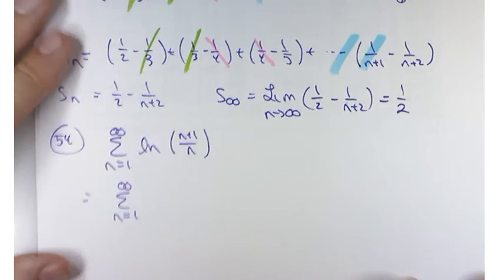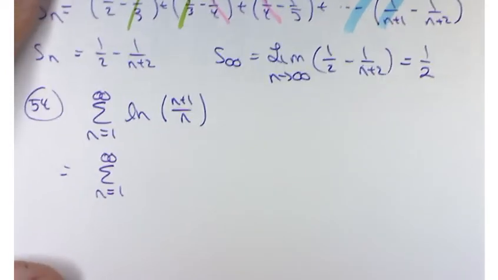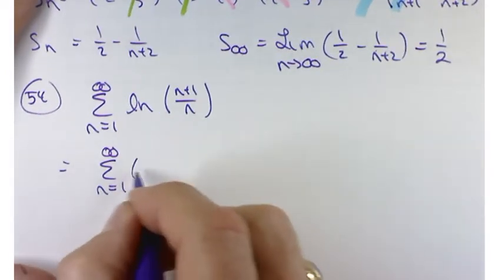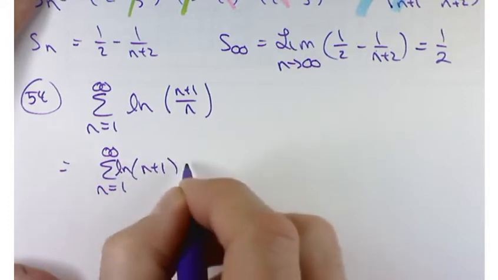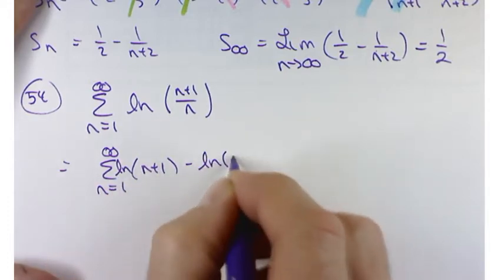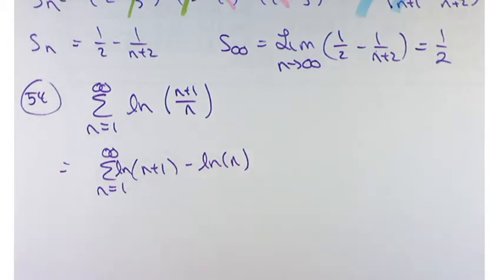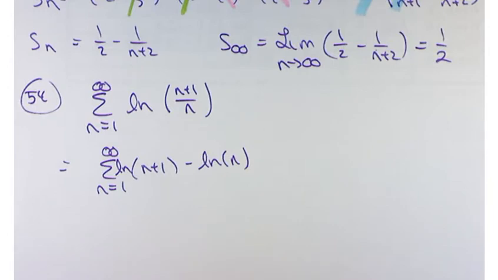What can I do with the log of a quotient? ln of (n plus 1) minus ln of n. So all we did was break it up using the quotient rule.